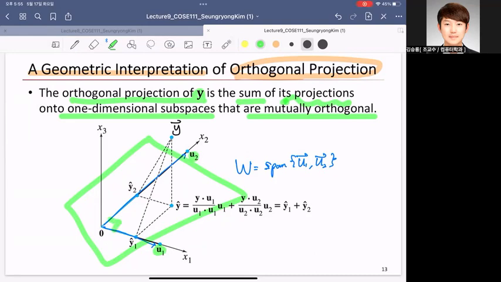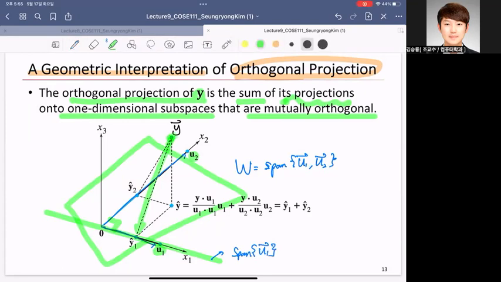Then let's suppose that vector y can be projected to this line spanned by vector u1.